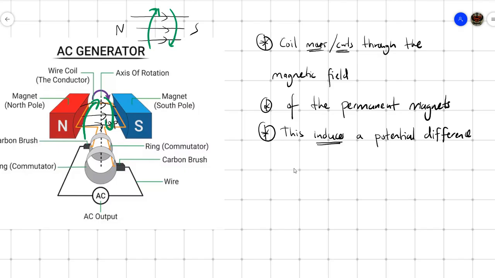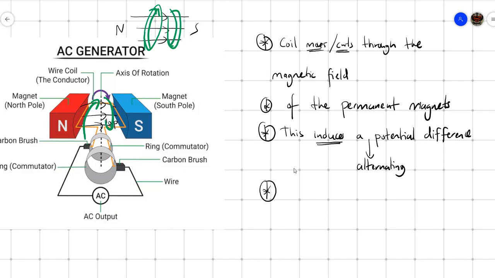Now, it's not just any potential difference, it is an alternating potential difference, because remember, it's cutting it one way and it's cutting it the other way, and so on and so forth. So it induces an alternating potential difference.